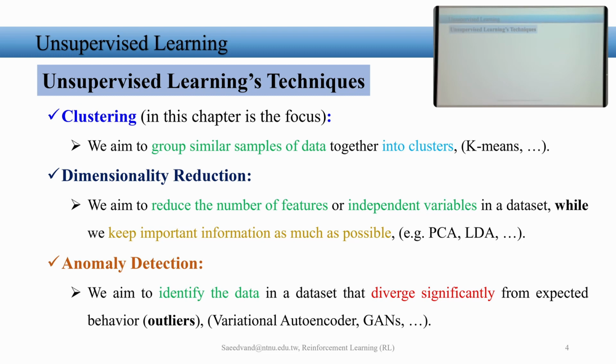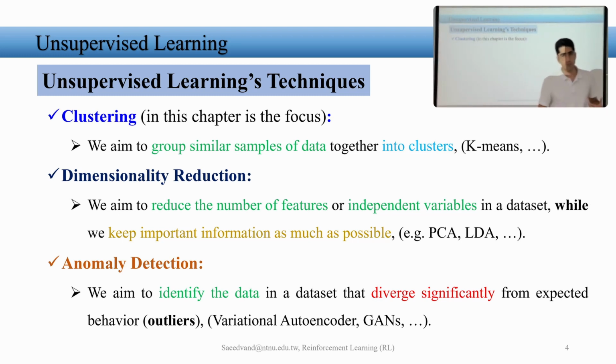So now let's have a look at what kind of techniques we can have for unsupervised learning. We have basically three general classes. One of the most common ones is clustering. What is clustering?